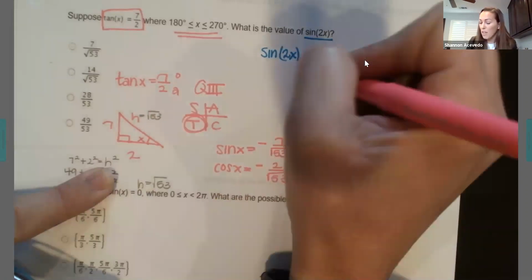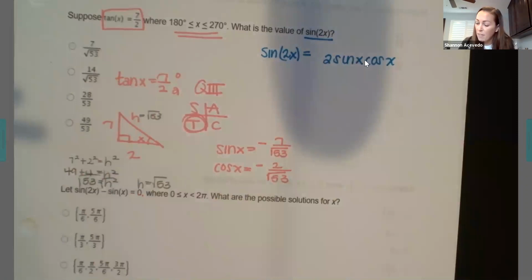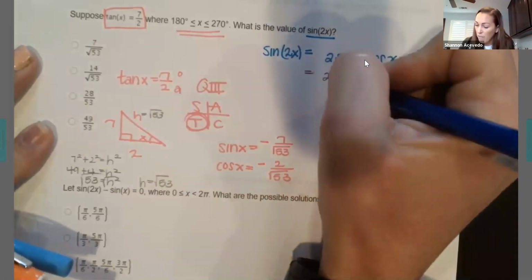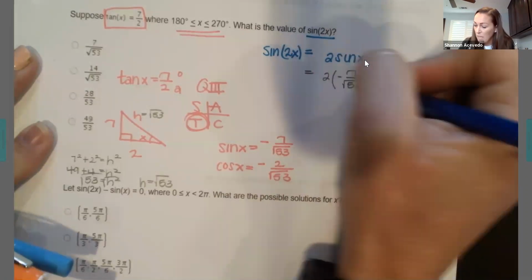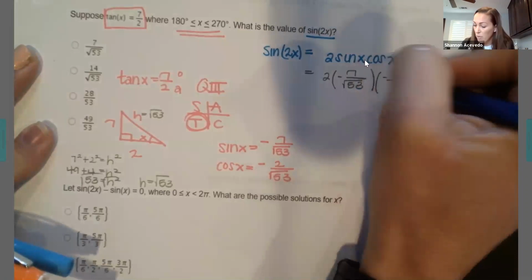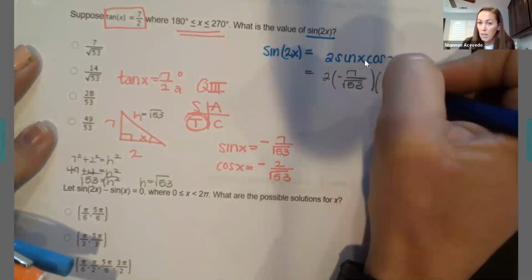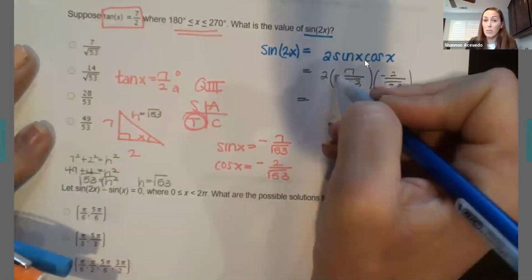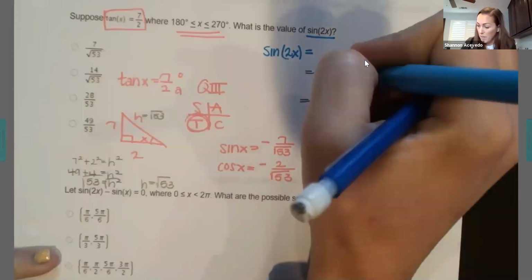So I plug in my values. I have 2 times -7 over the square root of 53 times -2 over the square root of 53. A negative and a negative is going to make those a positive.